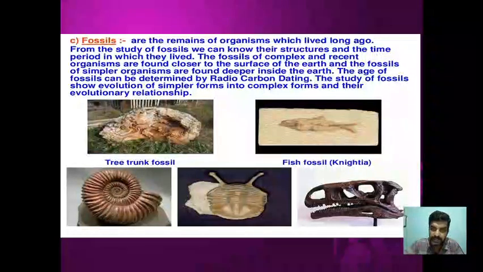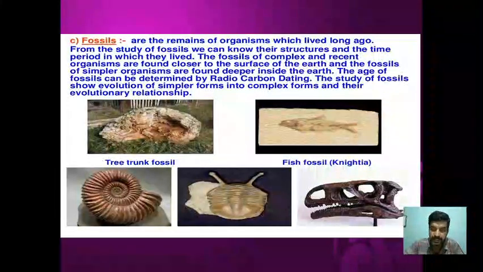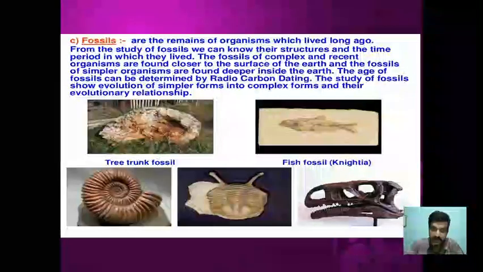One is a root modification, carrot, in which the food is stored, and the tuber of potato is a stem modification, right? But both are used for the same purpose, for storing. So they have different origin but perform the same functions.